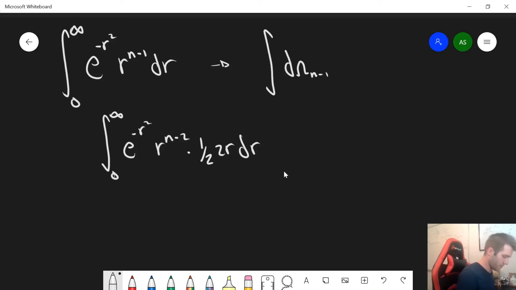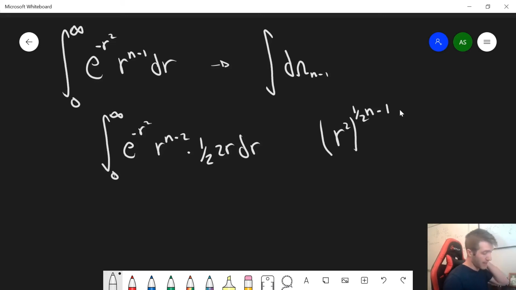Very simple stuff. So now what we want to do is put r in terms of r squared. That means, off to the side here, we're going to have a little note, r squared raised to the 1/2 times n minus 1. Well, that is simply going to give us what we started with. If we multiply that over, we're just going to have n minus 2. So r raised to the n minus 2. So these are the same thing.